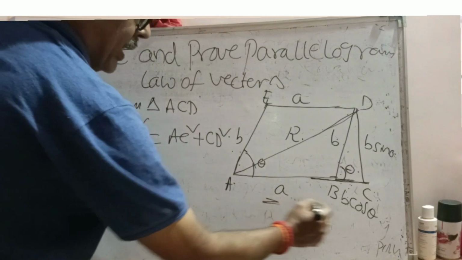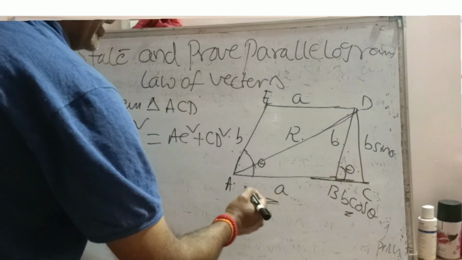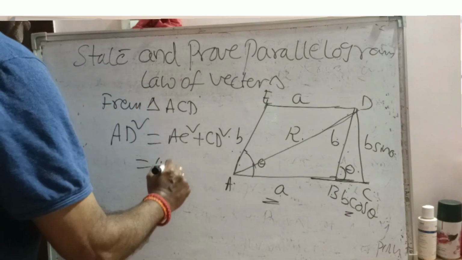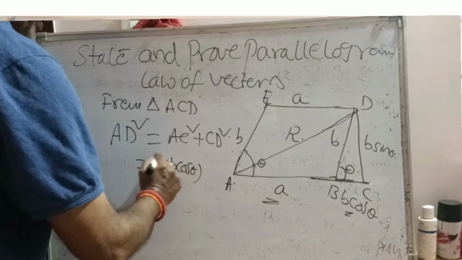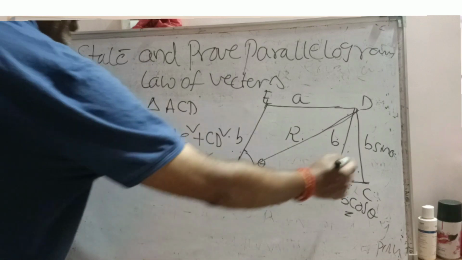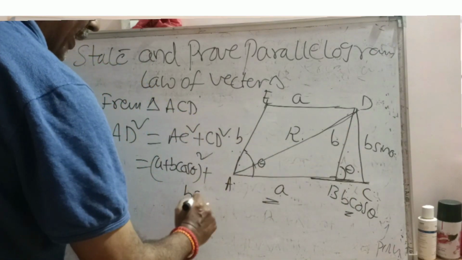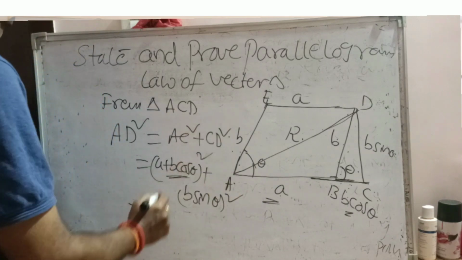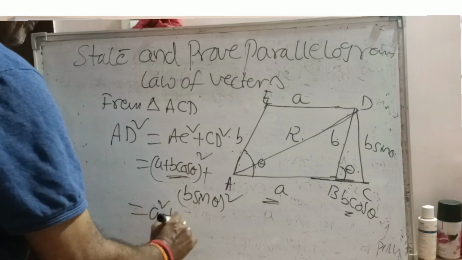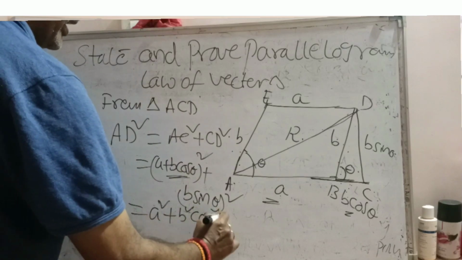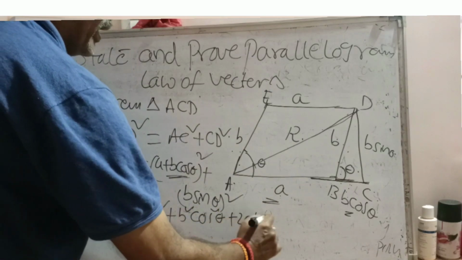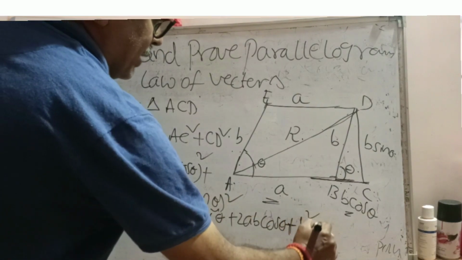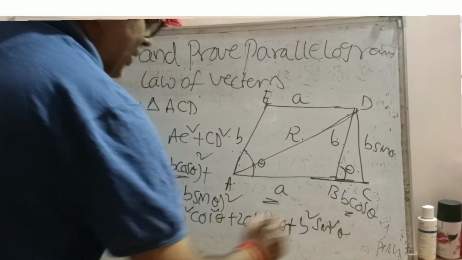But AC can be written as AB plus BC, that means A plus B cos theta, and CD is B sin theta. So AD square is (A plus B cos theta) whole square plus (B sin theta) whole square, which is A square plus B square cos square theta plus 2AB cos theta plus B square sin square theta.